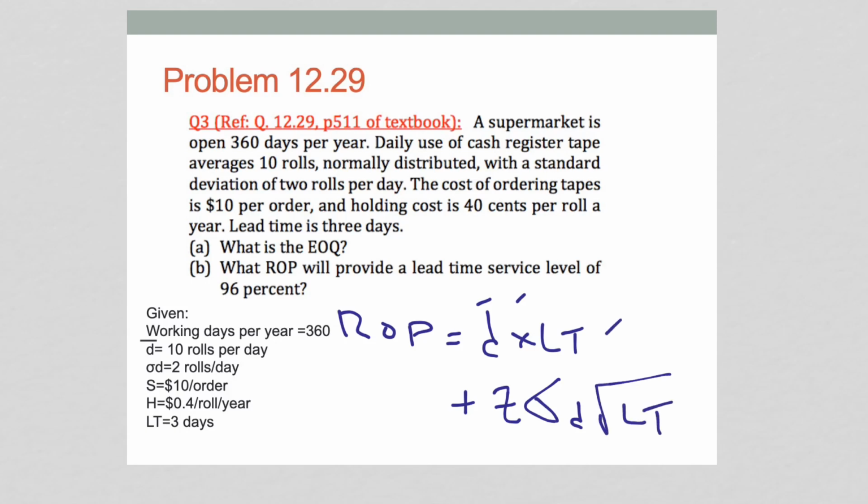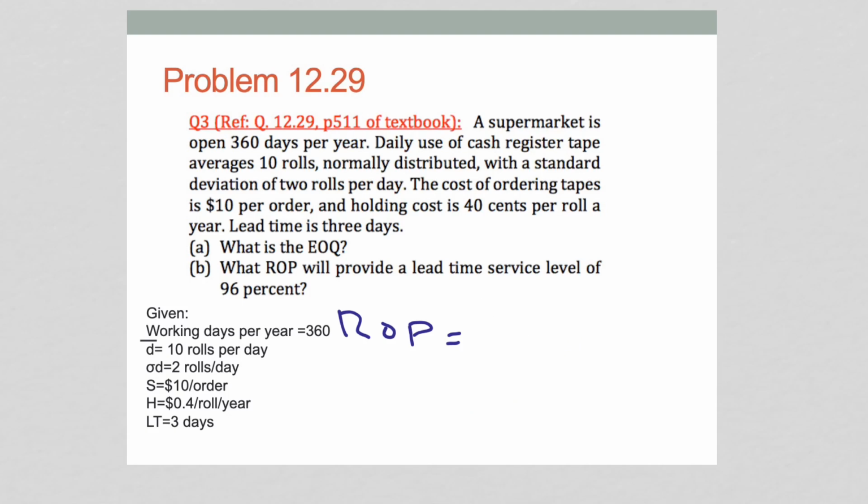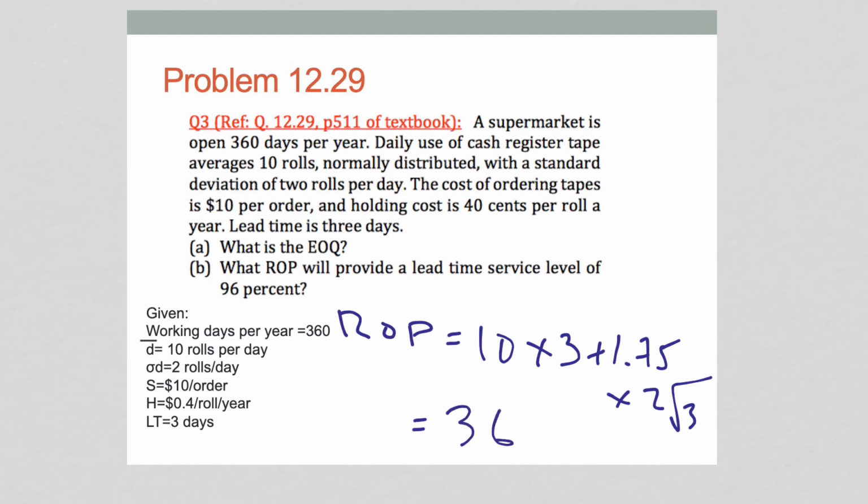If we plug in the values, we get 10 times 3, it's all given, plus 1.75 times 2, which is the sigma d, times the square root of the lead time, which is 3, which equals, if you do the math, I get 36. So the reorder point is 36 units.